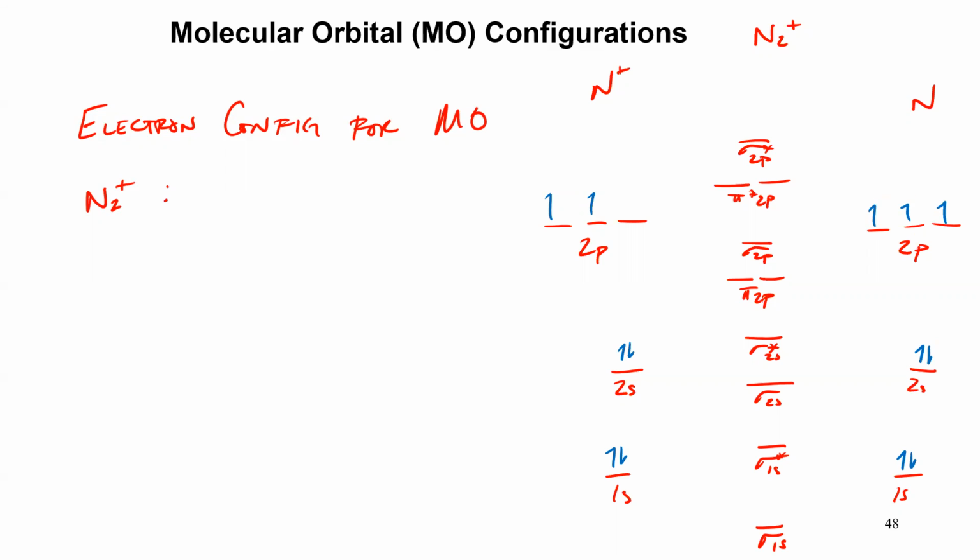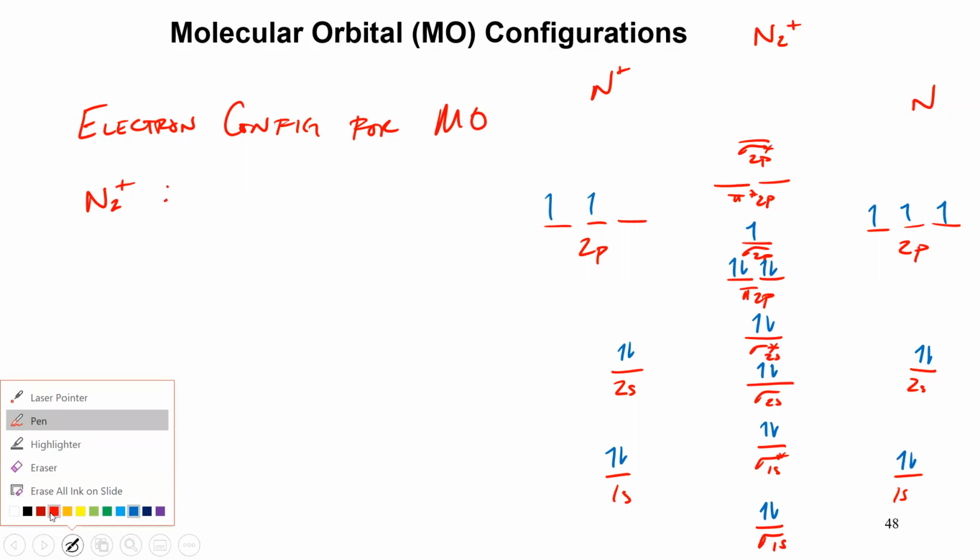And again, we're going to follow the Aufbau principle. We've got a total of 13 electrons. We're going to just load them up from the bottom. 1, 2, 3, 4, 5, 6, 7, 8, 9, 10, 11, 12, 13. Let me draw some sort of dotted lines here.